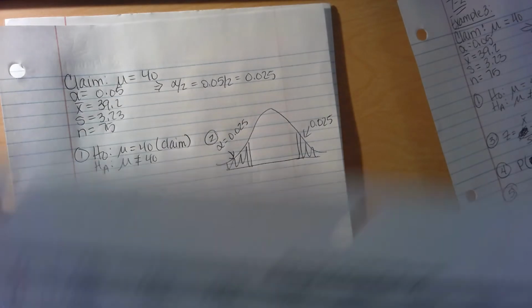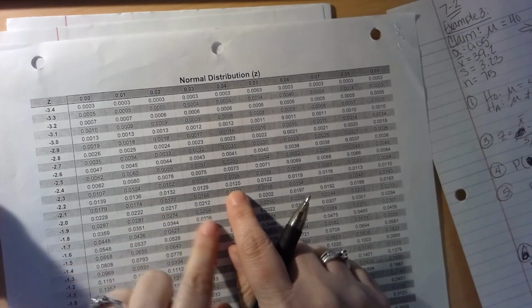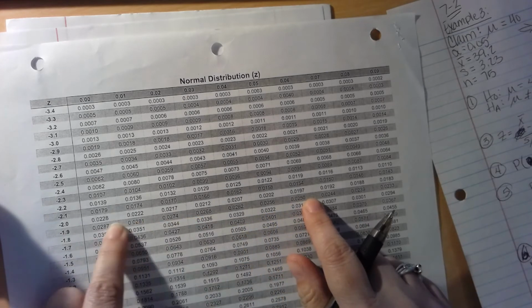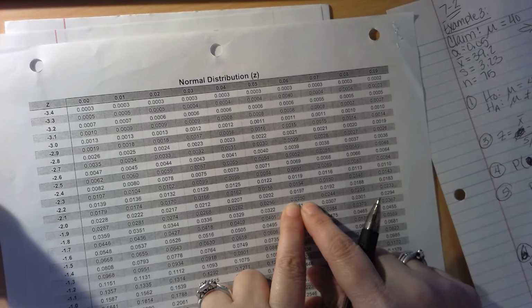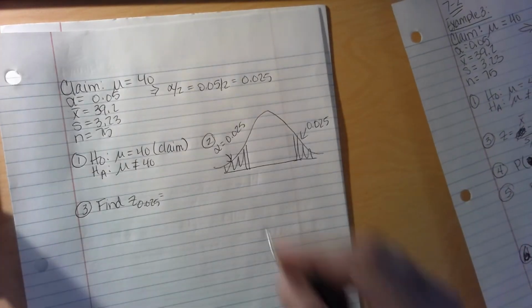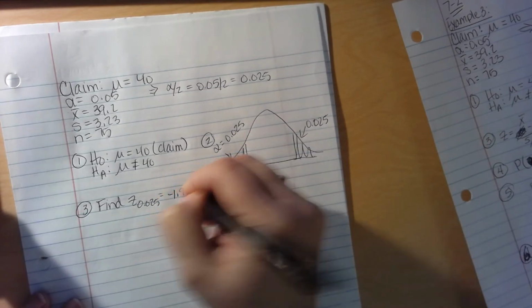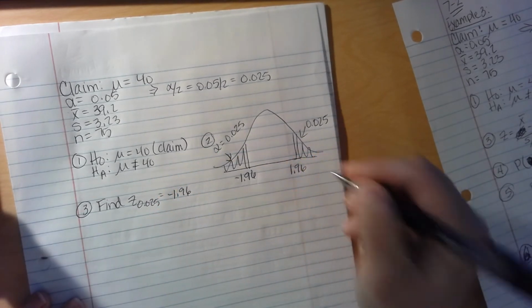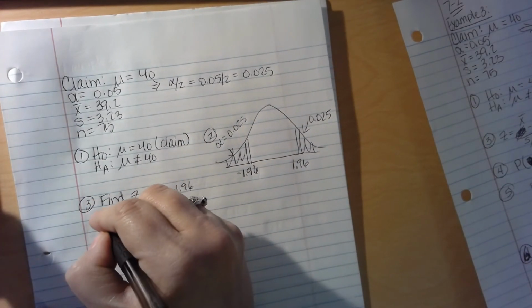So we're going to go inside our graph looking for 0.025, which is right here. And that z-score is at negative 1.96. So that's right here. And its positive is 1.96 over here. So that's called the critical value.